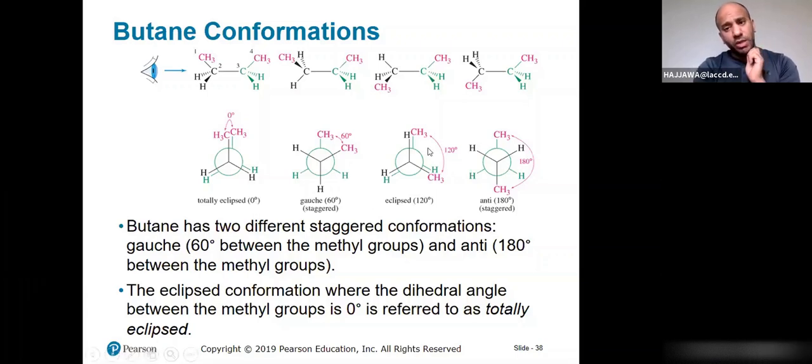So this eclipse now has 120 degrees between the two methyls that we are tracking, from a 0 dihedral angle to 60, now they are 120. They're going to go through another 60-degree rotation. This rotation will place the methyl on the front carbon right here, and that's what you see, 180 degrees from the other methyl.